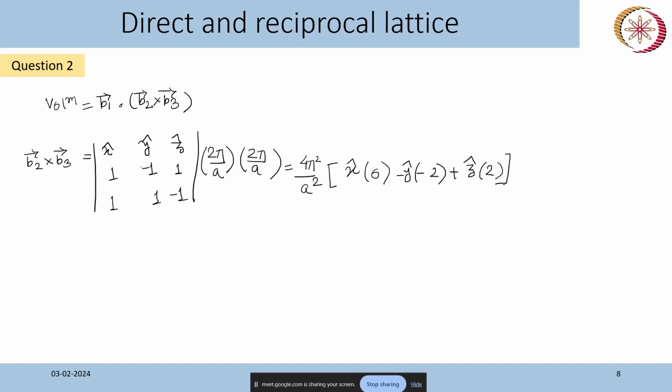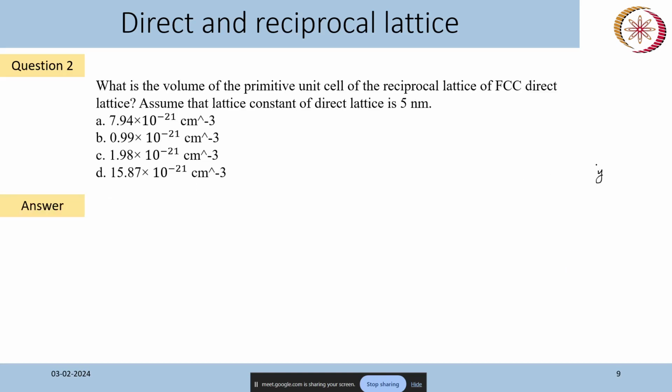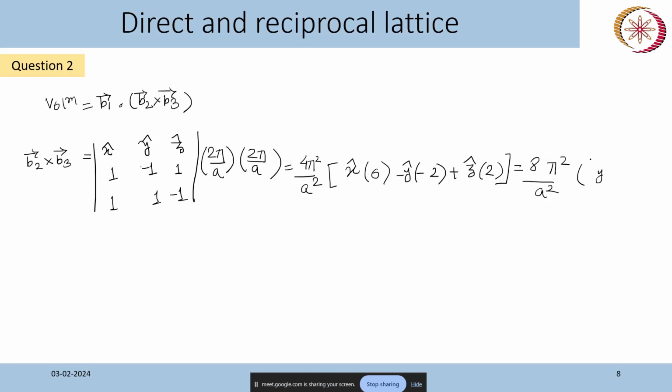Okay, so it will be 8 pi square by a square, y cap plus z cap.